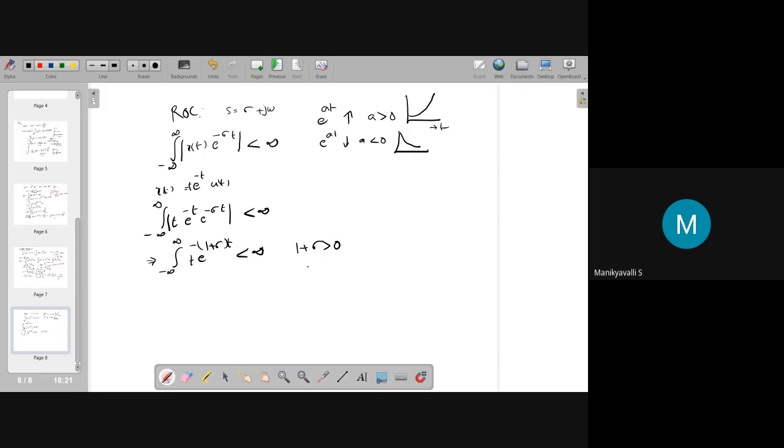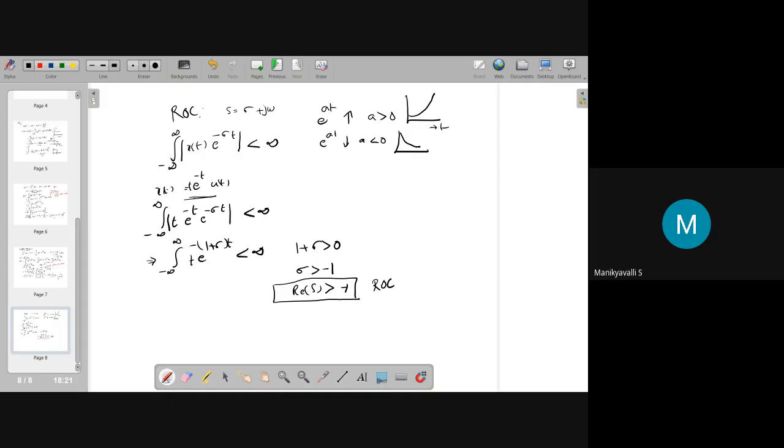That means sigma should be greater than minus 1, or real part of s should be greater than minus 1. So this is the region of convergence for this problem.